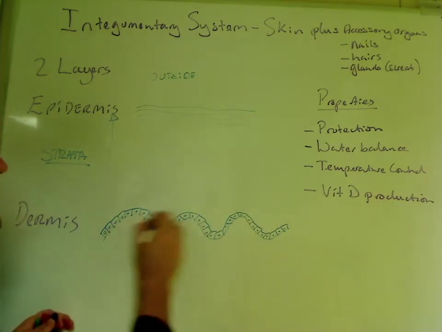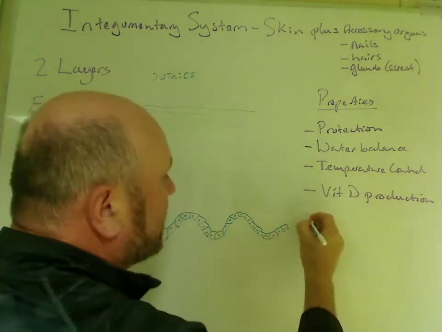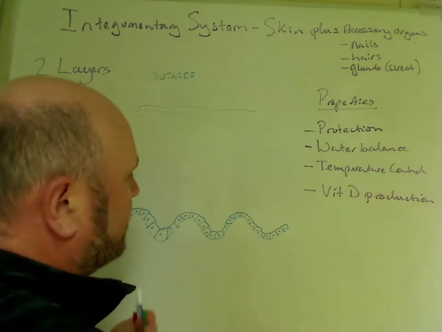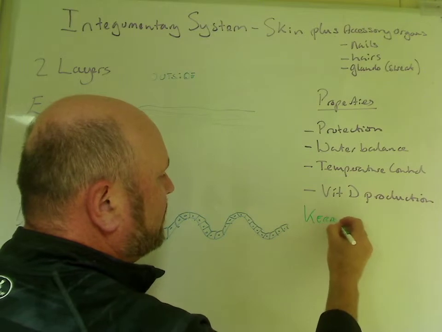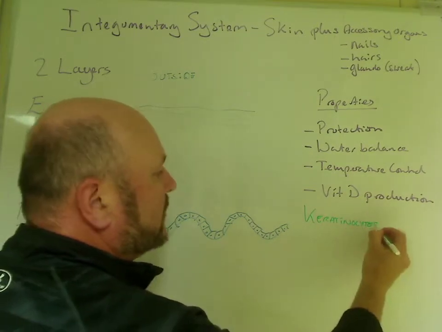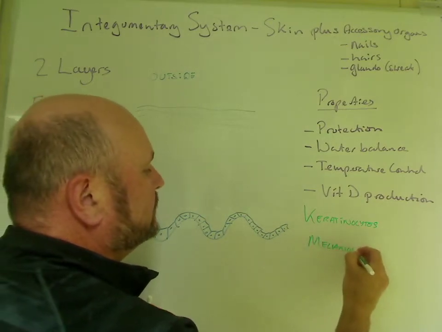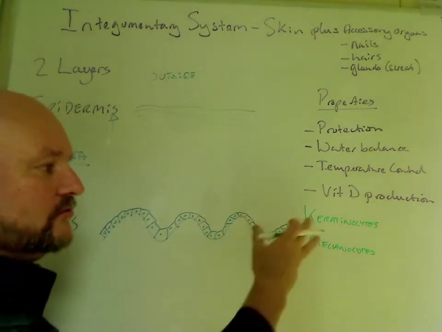Now essentially in the epidermis we have two types of cell. We have keratinocytes and melanocytes. These are our two main cell types.